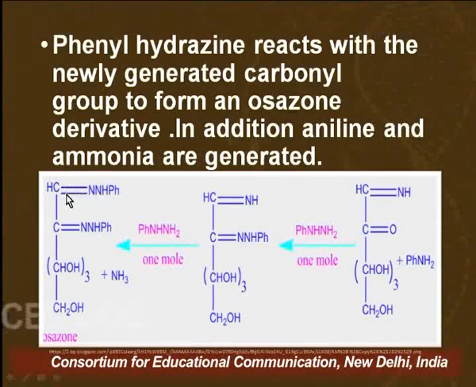What we find in the case of osazone is that only the first two carbons are involved. The next four carbons are not involved. Now the question is, why are only these two carbons involved? Why are the third and the fourth carbon not involved? You remember that a molecule will show tautomerism only if it has an alpha hydrogen.